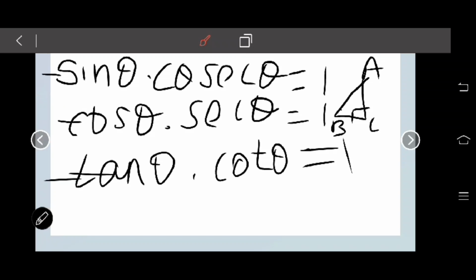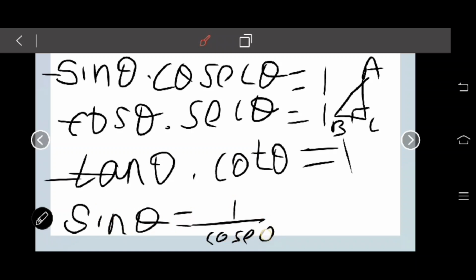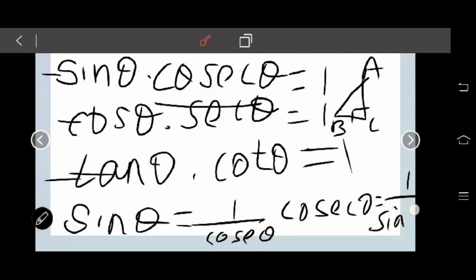So if I take sine, I can write sine theta is equal to 1 by cosecant theta. When this is multiplied, I can write it that way also. Am I right? Yes. So it is the same. You can also write for cos and secant: cos theta equal to 1 by secant, or secant theta equal to 1 by cos. Even the tan is the same.